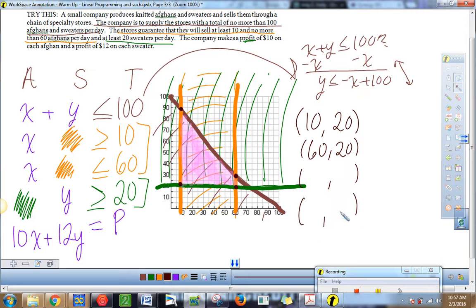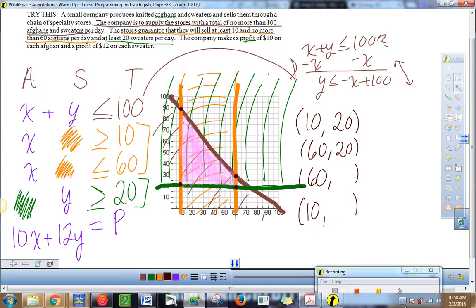Do you know any pieces to the other coordinates at least? What do you definitely know about this coordinate? The x is 60, right? And in this guy, the x is 10.